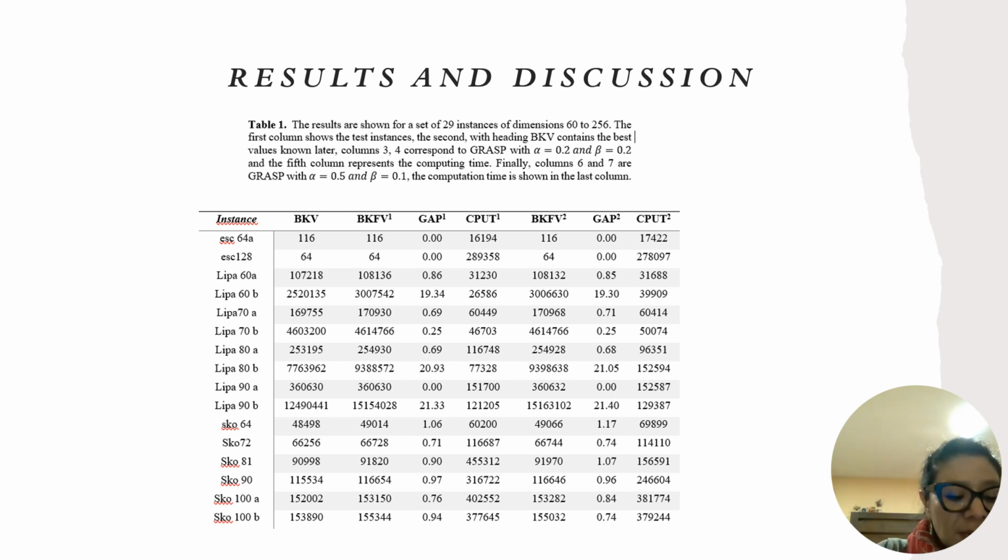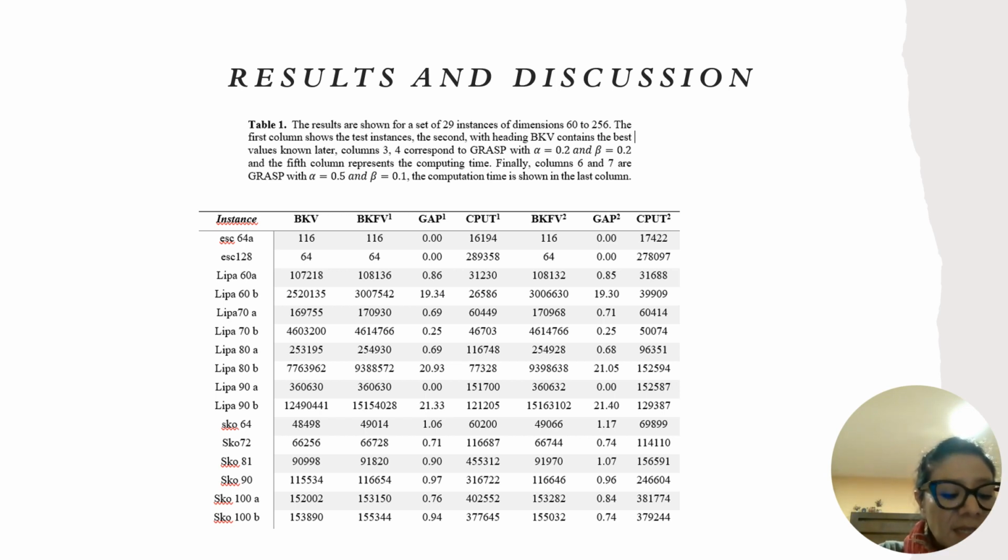With respect to the parameters alpha 0.5 and beta 0.1 in the column gap 2, it was found that again 9 instances share the error percentage 0%. Likewise, 12 instances have an error of less than 1%. There was an increase from 2 to 3 instances with a value of 1%, decreasing to 2 instances with error percentages of 3%.